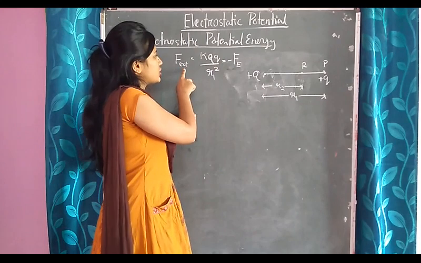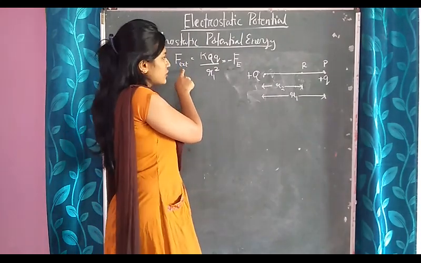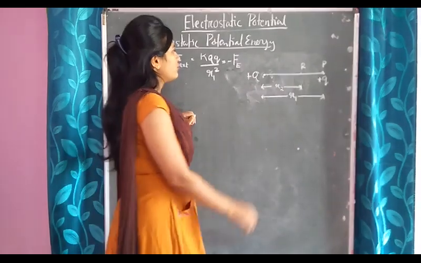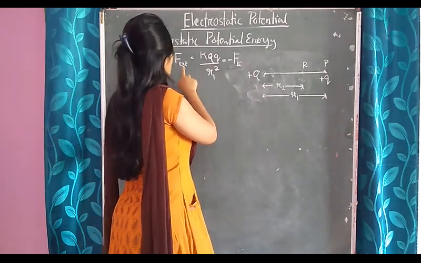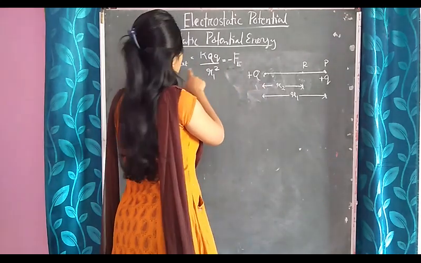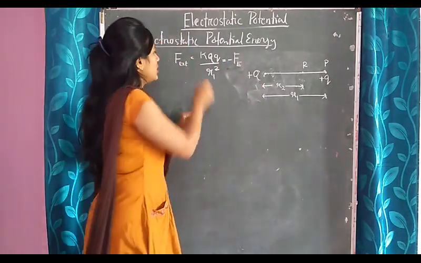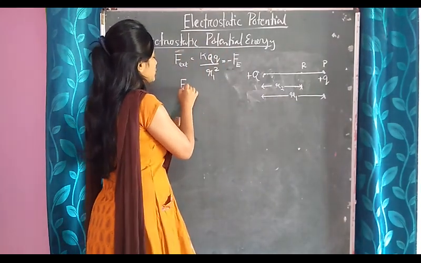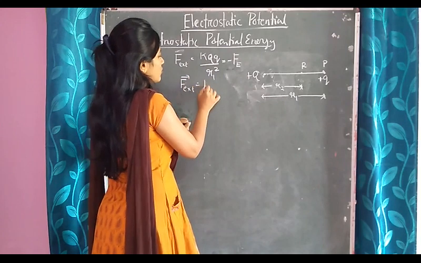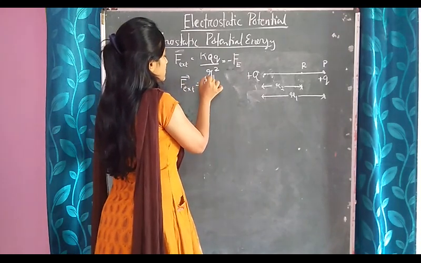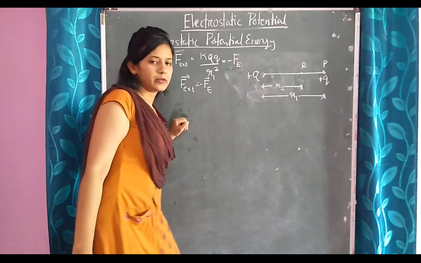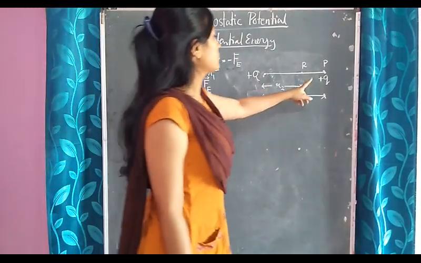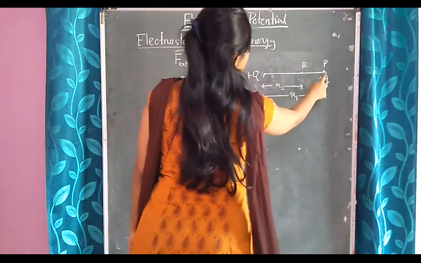So the external force must be equal in magnitude and opposite in direction to the electrostatic force. So I can write that F external must be equal to minus Fe.